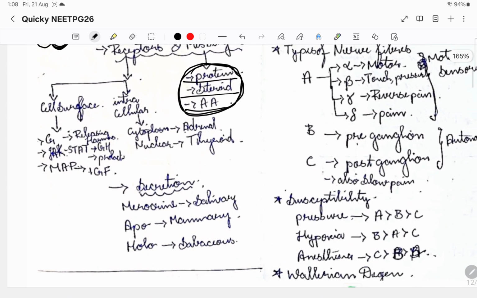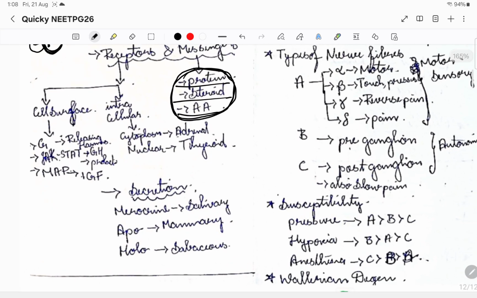So let us discuss intracellular receptors. Intracellular can be cytoplasm and nucleus, right? In the cytoplasm, the adrenal hormones will come and act. And if it is thyroid hormones, the receptor is in the nucleus.